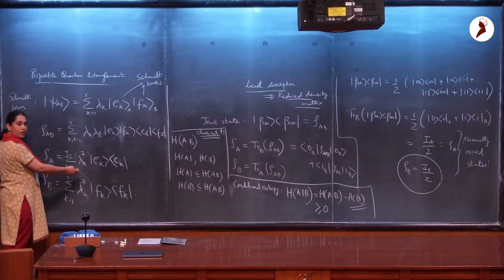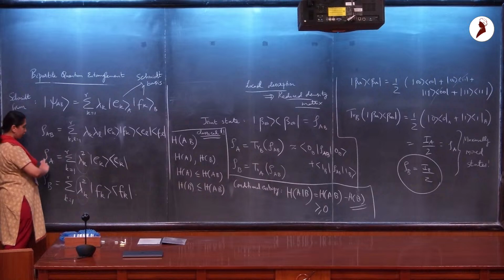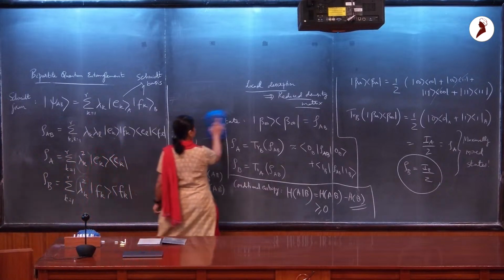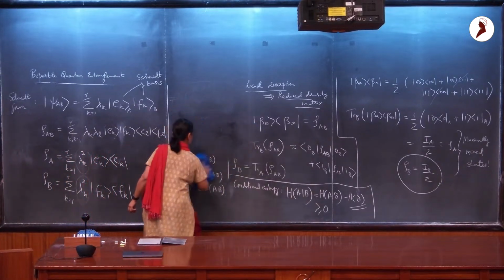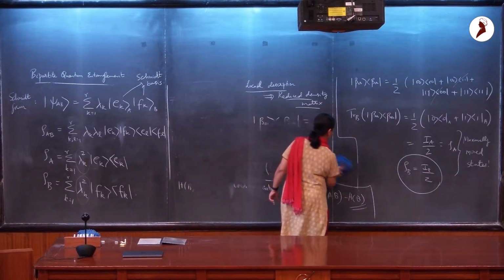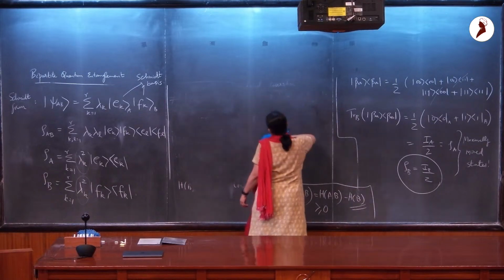So when I write down the subsystem entropy, the von Neumann entropy of these reduced states, which is what I call the subsystem von Neumann entropy, you realize that they both have the same subsystem entropy.